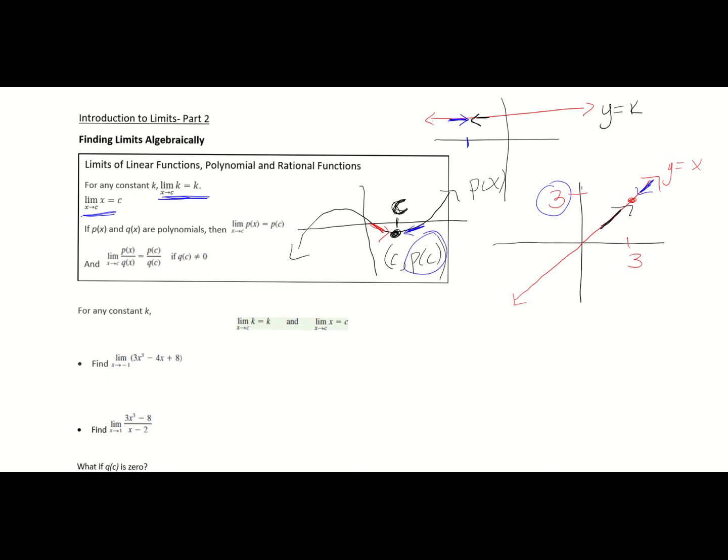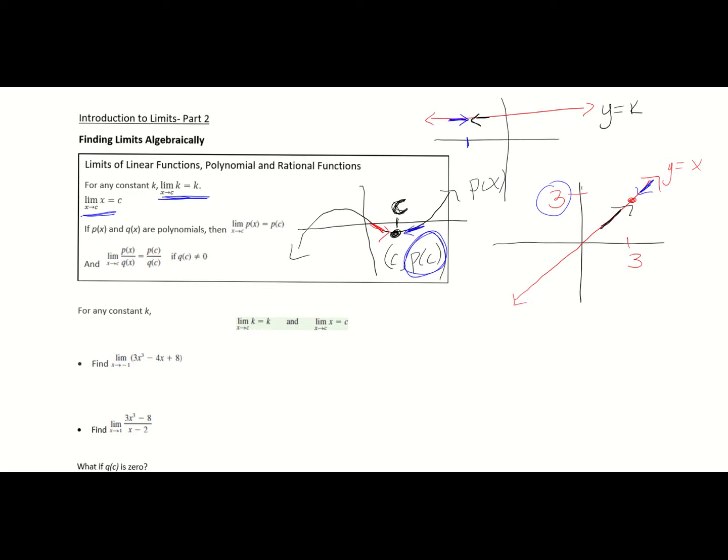It's going to be this point, p of c. So if you know that your function is a polynomial, you can actually just plug in the c because the point will be the limit, which we have talked about in part one that is not always the case. But for a polynomial, it is the case that the point that it is approaching is actually the point itself, so you can plug in c.